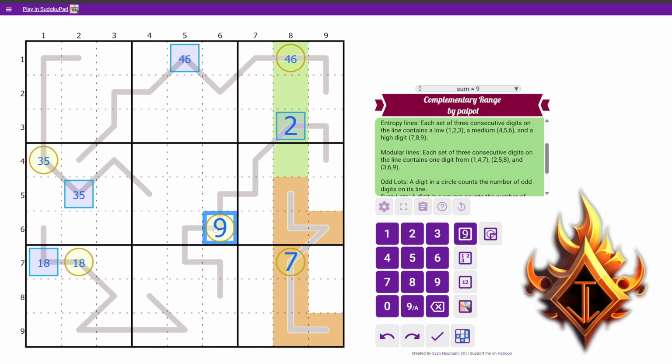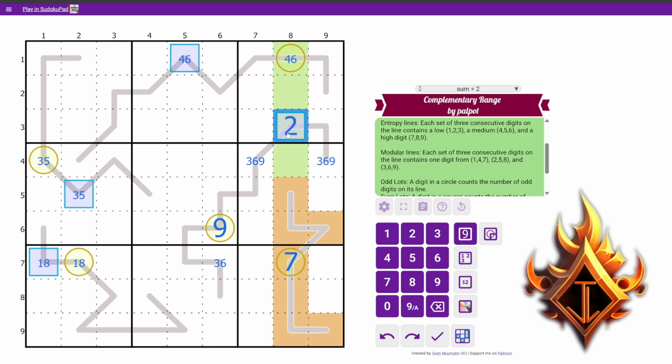This digit is skipping 2 and going there. It cannot be 7, 8, or 9. So this will be modular. That will be 3 or 6. This one will be 3, 6, 9.